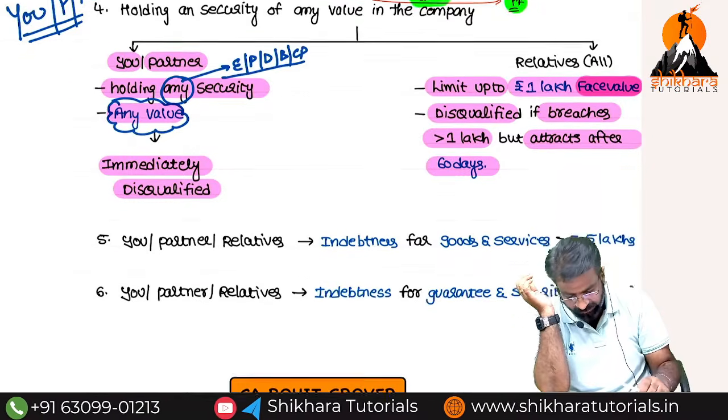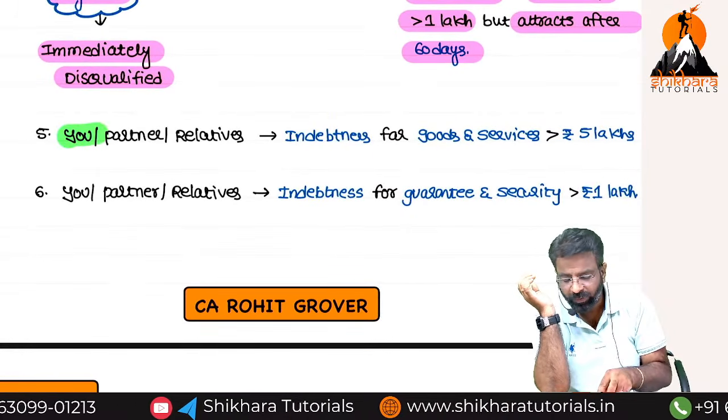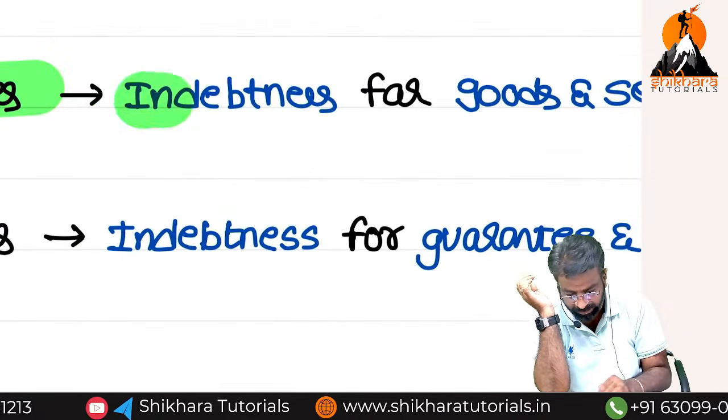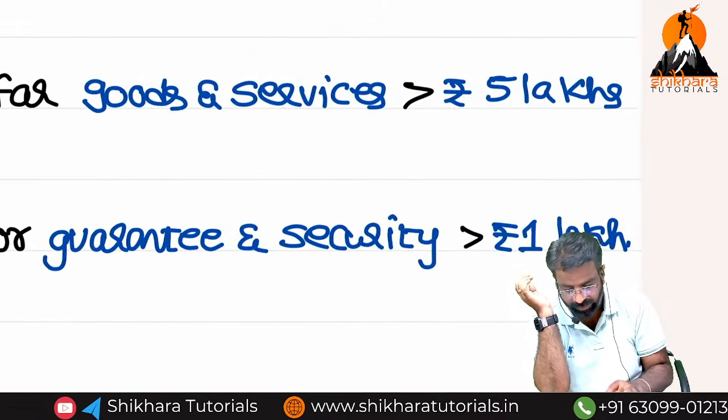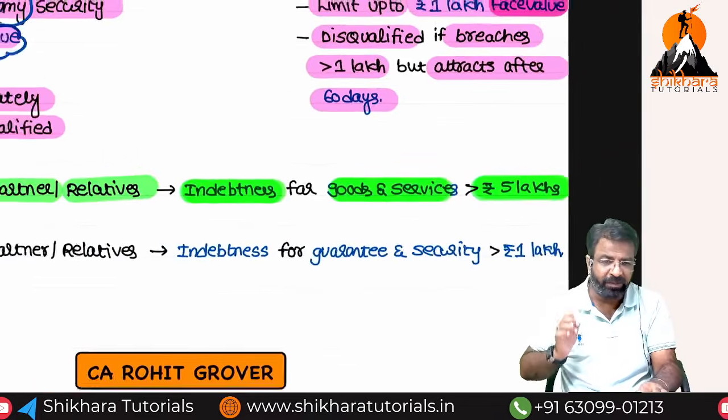What is the disqualification number 5? Again, 3 people are included. You, your partner, and your relative. What is the word written? Indebtedness exceeding what? Tell me the meaning.